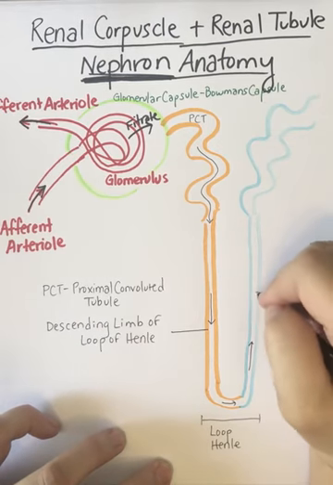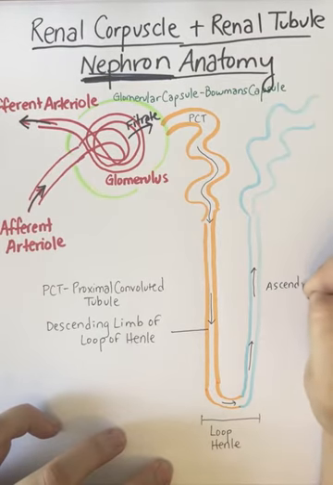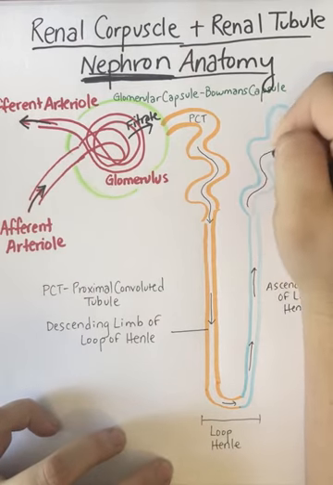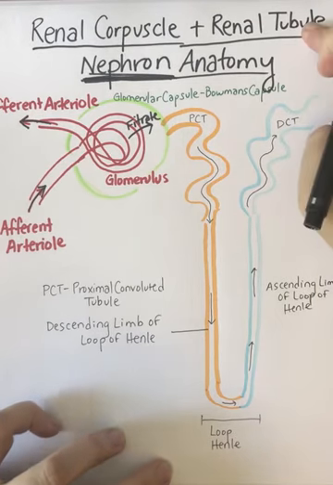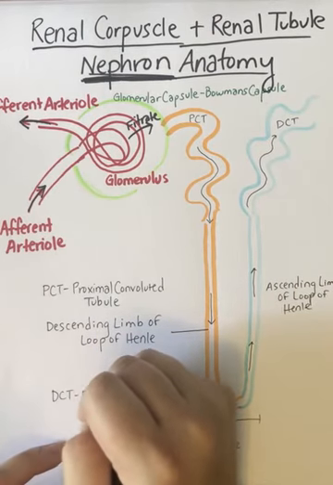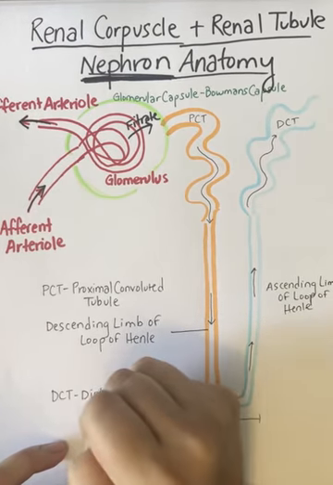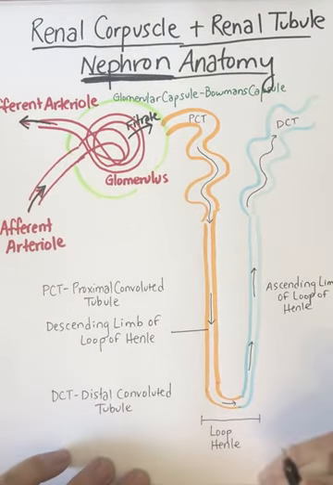It travels up through the ascending limb of the loop of Henle until it goes here into the distal convoluted tubule. So these are part of the renal tubules. So DCT is your distal convoluted tubule. Convoluted means it's twisted.